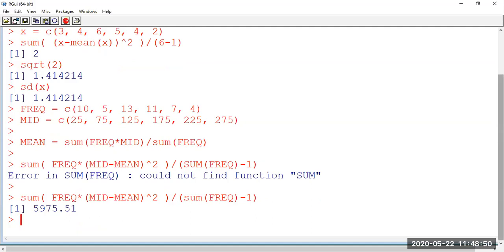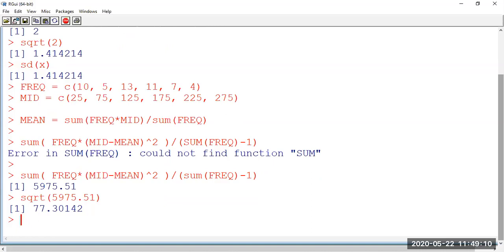This is a sample, so S squared equals 5975.51. Then I take the square root of this value to get the standard deviation, S, which is 77.3142.